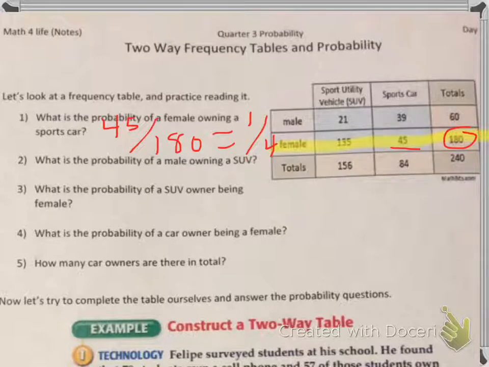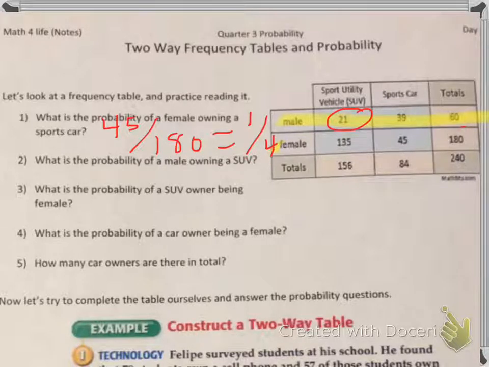Okay, for number 2, we're going to look at a different part of our probability chart. Number 2 says, what is the probability of a male owning an SUV? So again, we're looking at the male column, because it said male, and then we're looking at the SUV column right here.